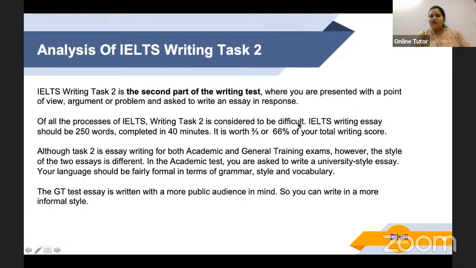Okay. For all those who are planning for academic or for general training exams, IELTS writing is more or less the same. All you have to do is to attempt an essay when it comes to IELTS writing.